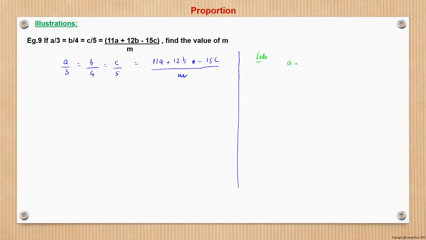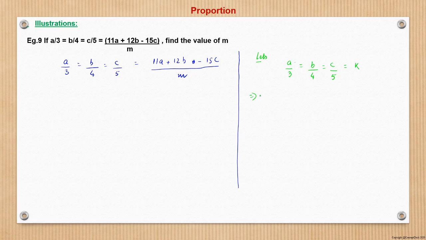We can assume a by 3 is equal to b by 4 is equal to c by 5 is equal to, let us say, k.